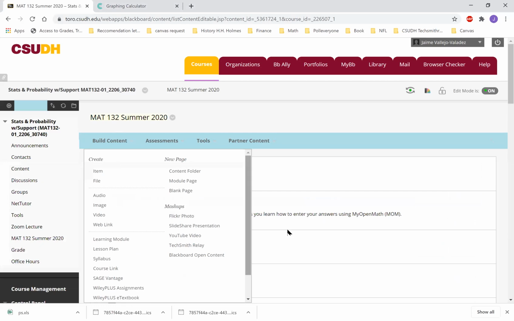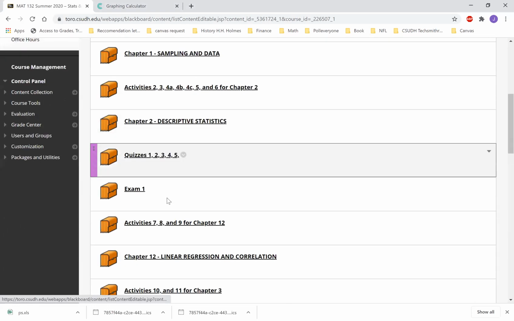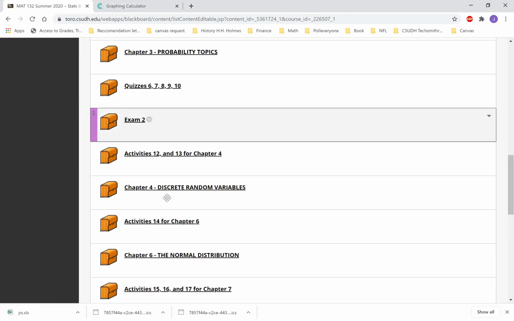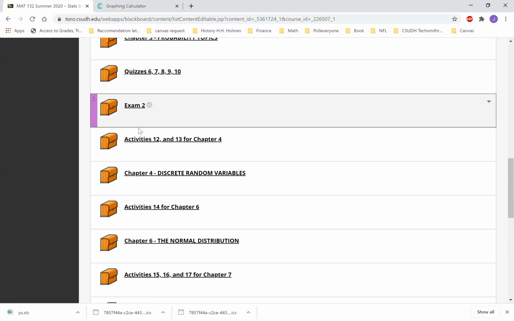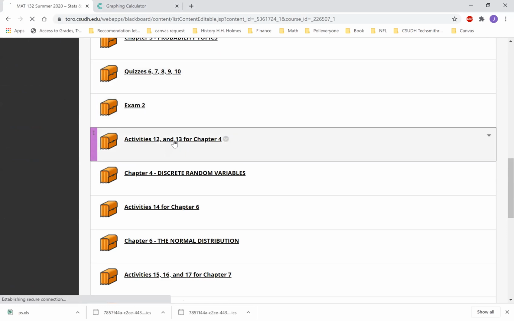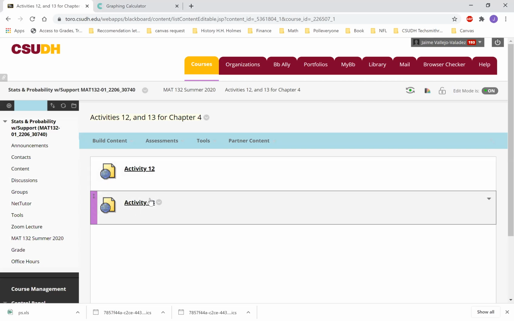If you go to the home base, all you have to do is scroll down. You want to go past exam number 2. For today's activity, you want to do activity 13, right here.